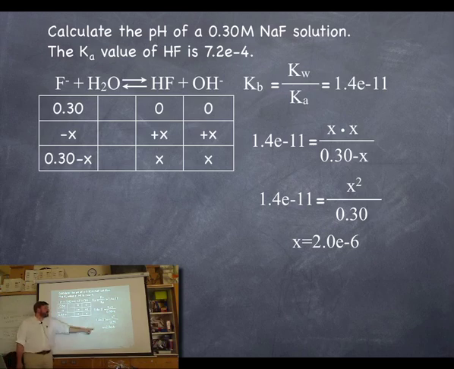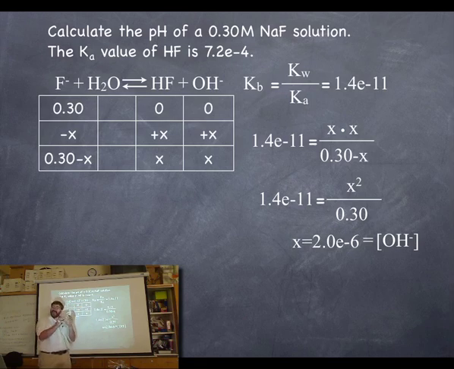So what does this value equal? That is our concentration of hydroxide ions. But this problem asks me to find the pH. So there are two ways to go here. One, we can take Kw equals concentration of hydrogen ions times concentration of hydroxide.